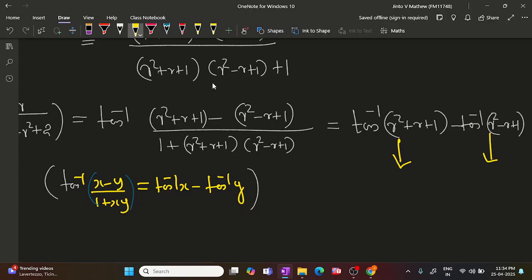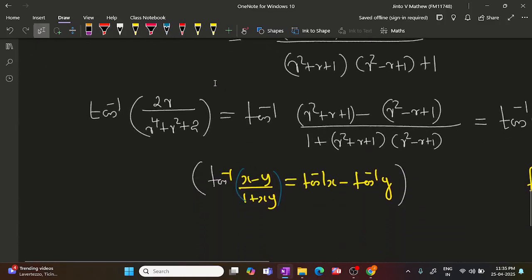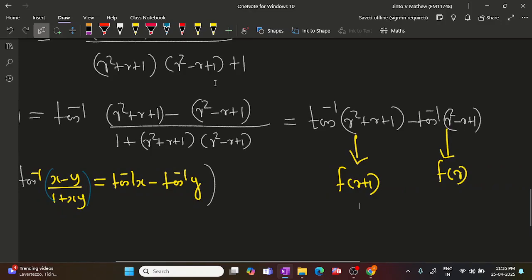If you call this f of r, this is nothing but f of r plus 1. So that term is of the form f of r plus 1 minus f of r. What I am trying to say is that tan inverse 2r by r power 4 plus r square plus 2 can be written as tan inverse r square plus r plus 1 minus tan inverse r square minus r plus 1. It is of the form f of r plus 1 minus f of r. It is nothing but a telescopic series.